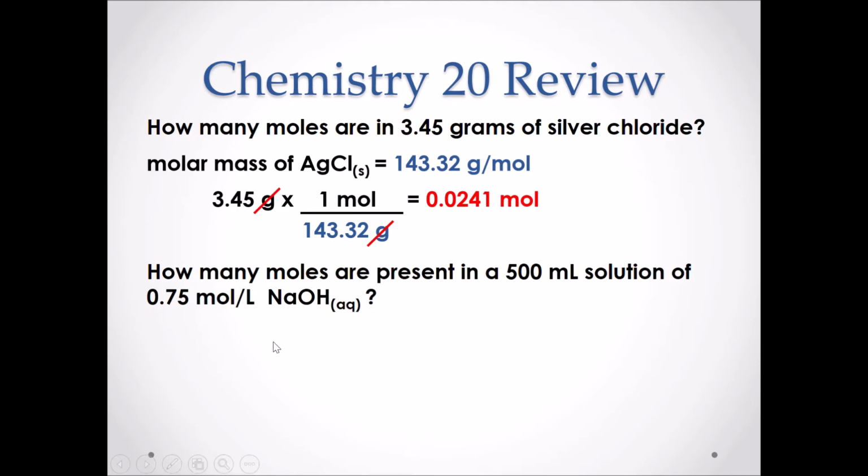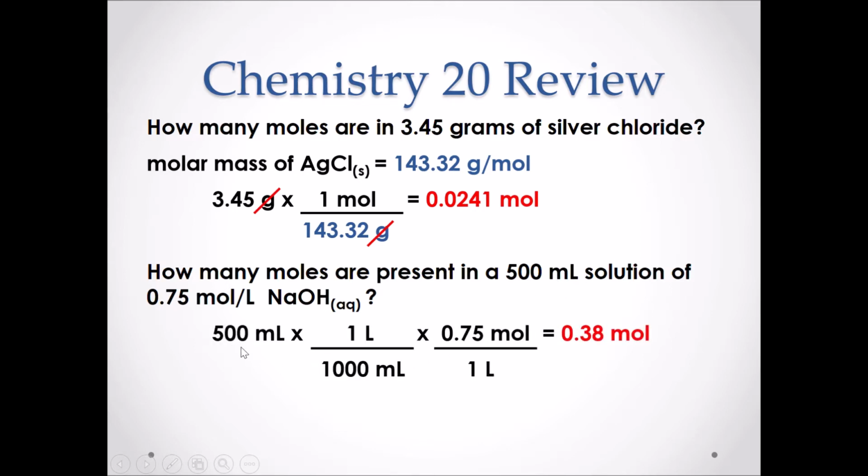In our next example, we are going to start with the single unit, 500 milliliters. We then have to convert the milliliters to liters, dividing by 1,000.